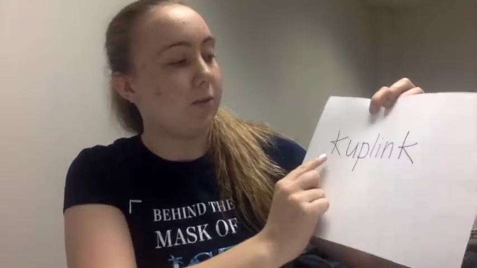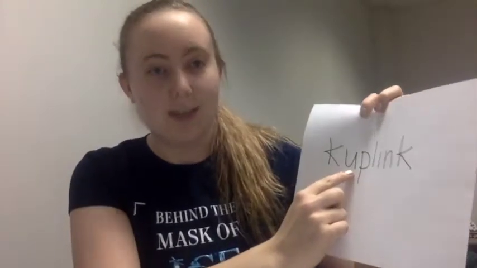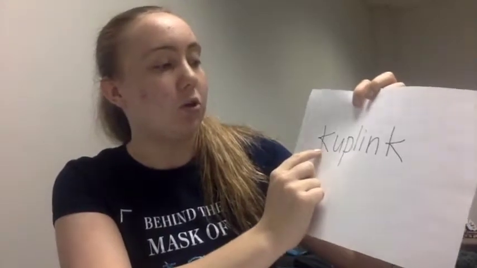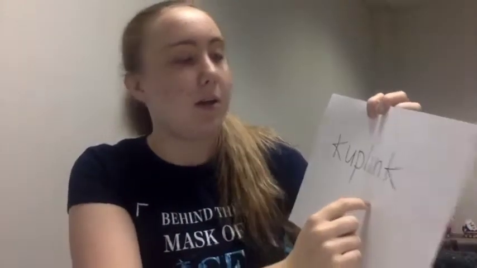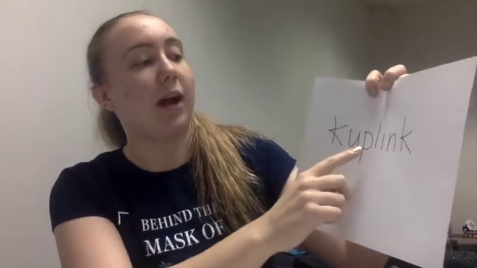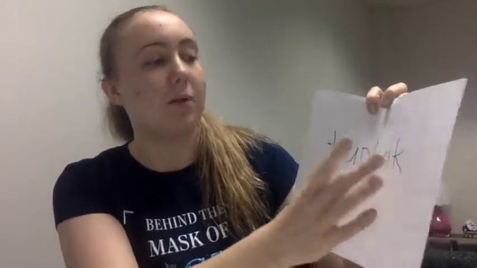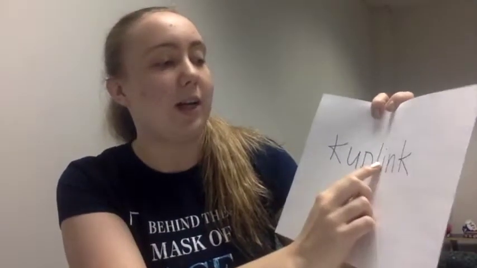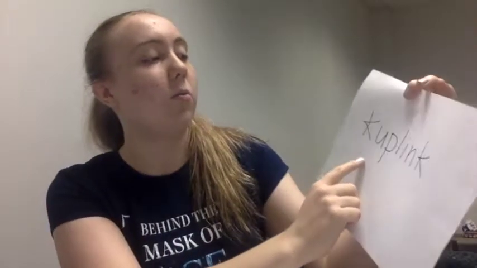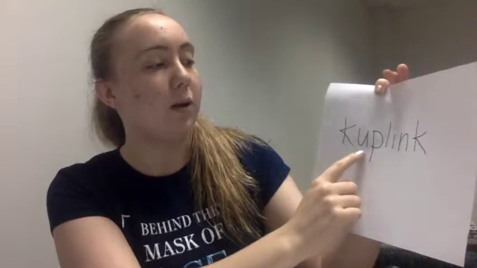The first syllable, K-U, is an open syllable, so the vowel can say its name, U, or oo in this case. But the I is between consonants, so it's closed and it has to be short. So the whole word is pronounced ku-plink.